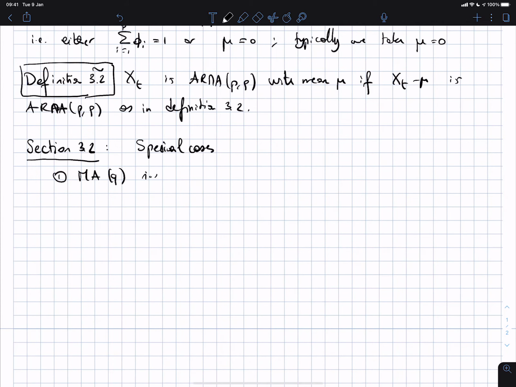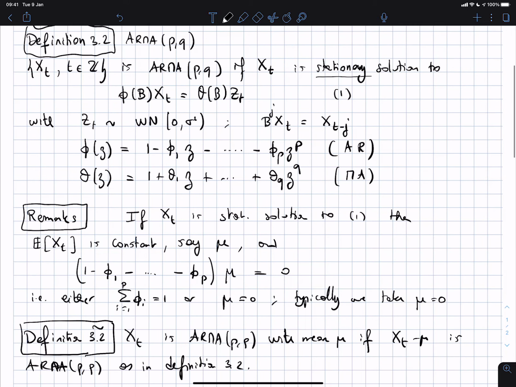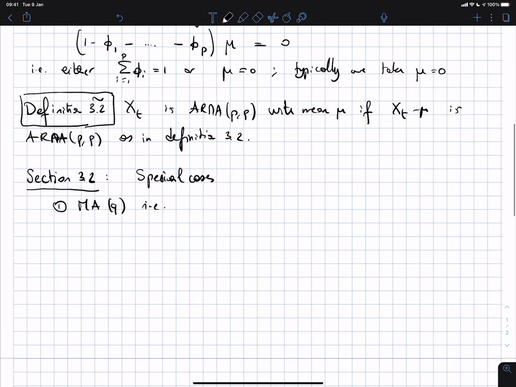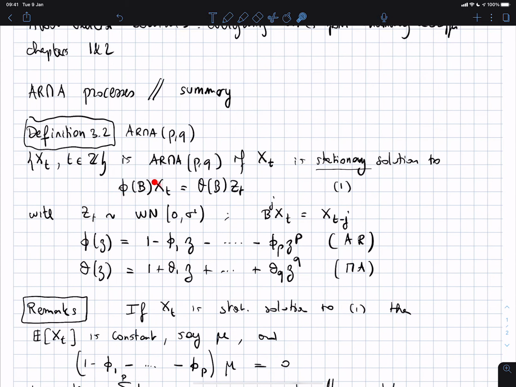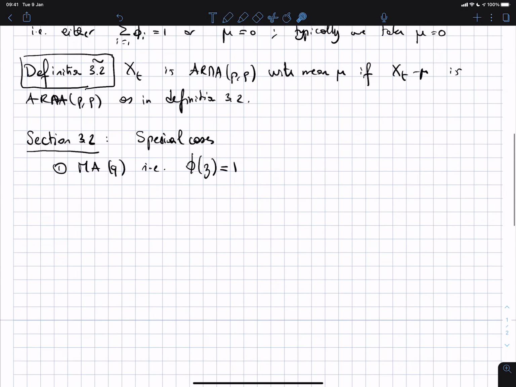This is the case where it's purely moving average, so the polynomial phi is equal to 1. On the left hand side we have 1, and then this is whatever it is.